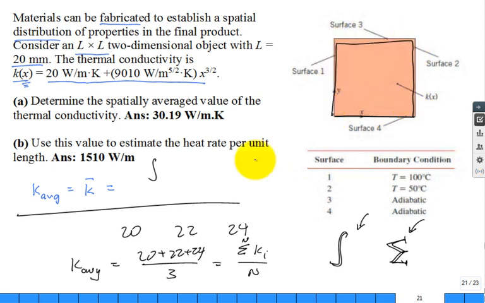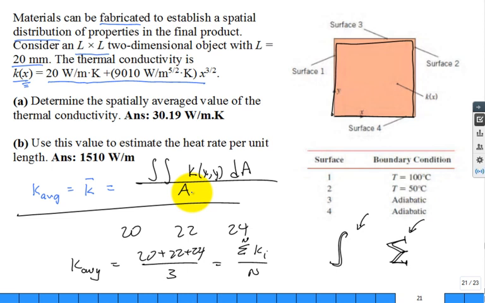It's a 2-dimensional problem, so let's do an area integral of K as a function of location x and y. Hey, it's only a function of location x. I know, but it could be more complex. It could be a function of x and y. Then you've got to divide by N, how many there are. What's the equivalent when you do a continuous? Divide by A, how big it is.